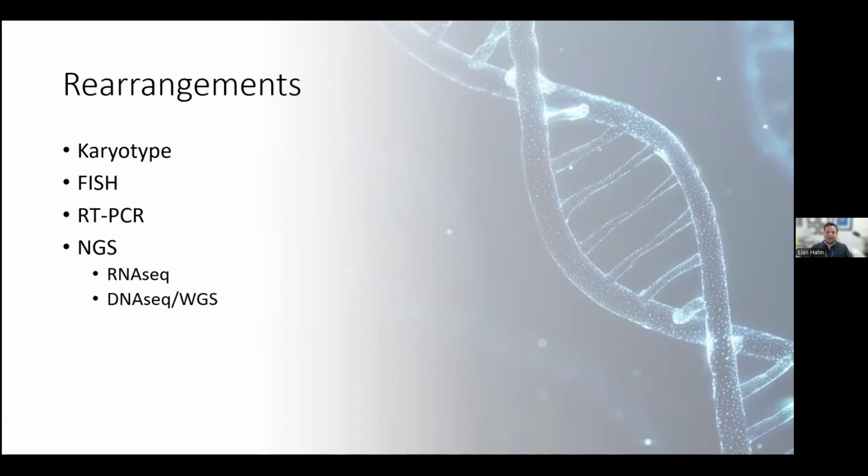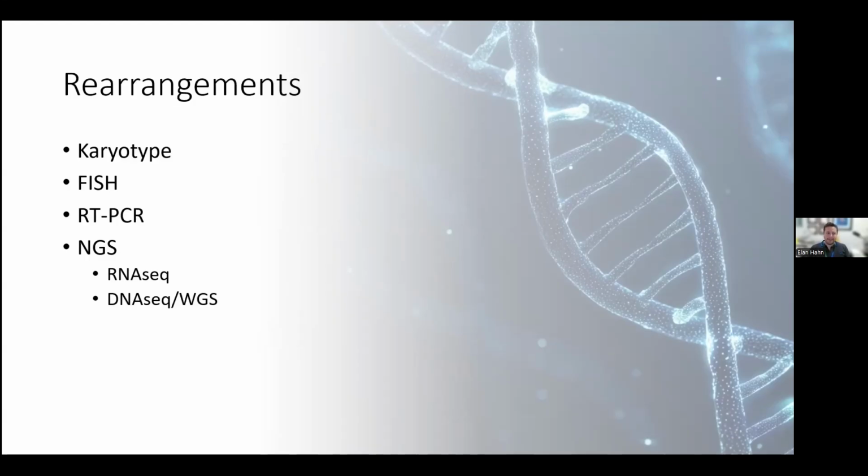So still speaking about rearrangements, there are different ways to look for rearrangements. We could use karyotype to look for whole chromosome arms that are translocated to different chromosomes, which has limited resolution. We could use FISH. You need to specifically know your target to have a FISH probe for that target.